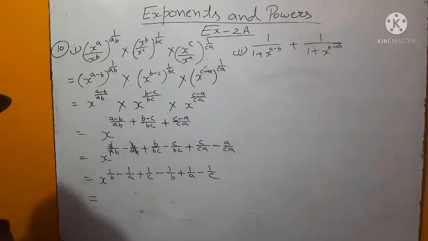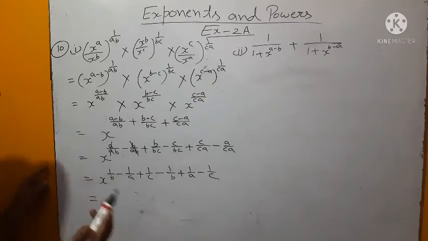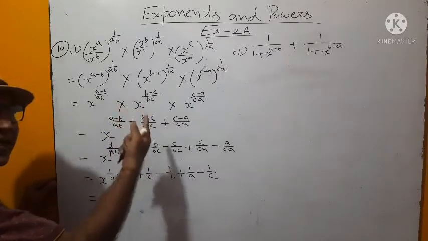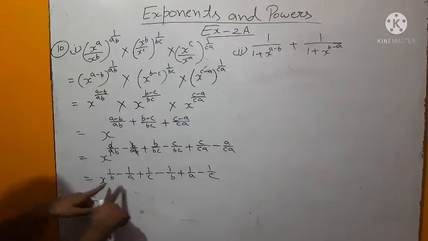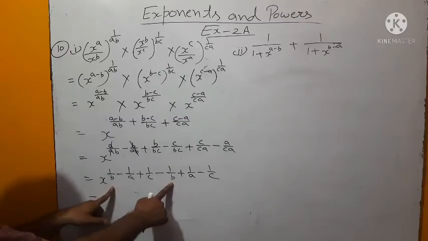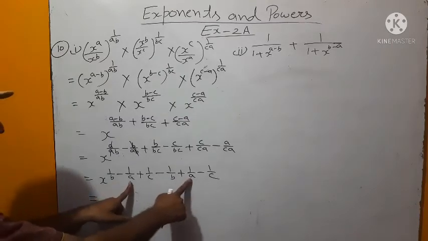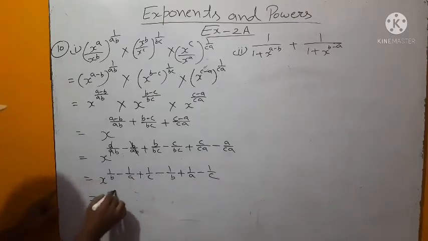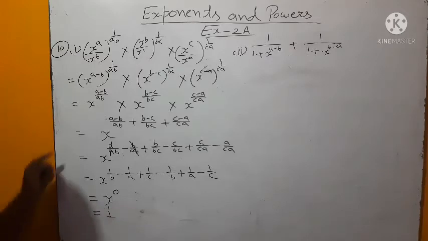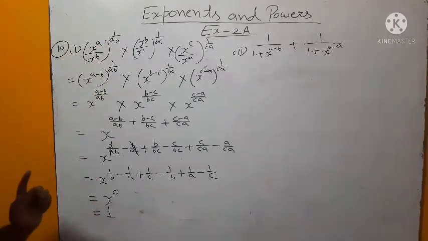This is the calculation technique only. Otherwise, if you feel easy, you can take the LCM and then solve. Answer will be same. Now 1 upon b minus 1 upon b becomes 0. Minus 1 upon a plus 1 upon a 0. 1 upon c minus 1 upon c 0, means x power 0. And x power 0 means 1.